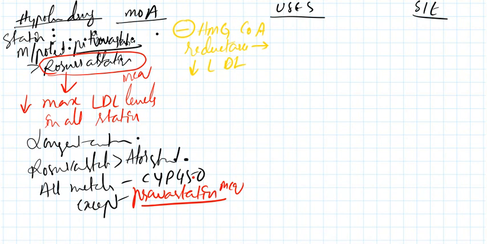This is a very important mechanism. They inhibit the HMG CoA reductase enzyme, thereby decreasing LDL, VLDL as well as triglycerides. Sometimes they also increase high density lipoproteins.